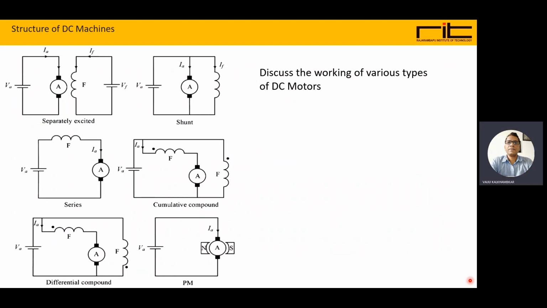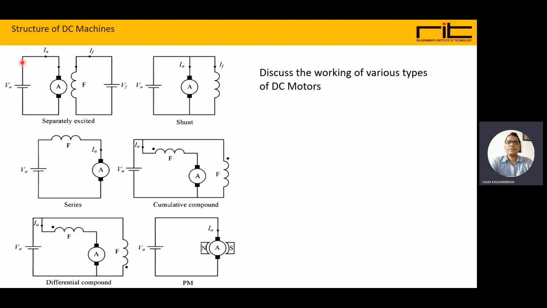Here we can see some common structures of DC machine. The first one is the separately excited DC machine, DC motor, where we can see the field winding F here is excited by a separate field supply to get the flux created in the field winding.